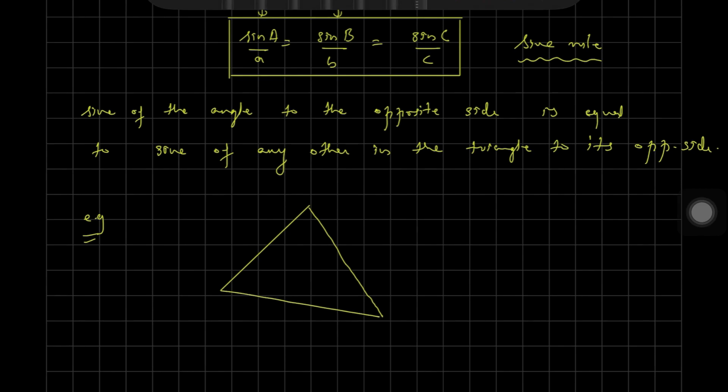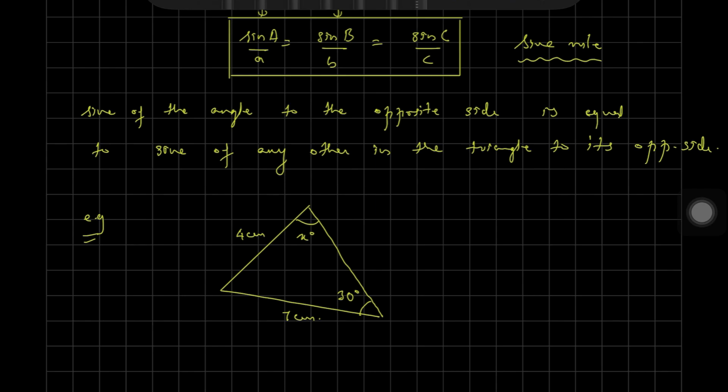Let's say this side is 4 centimeters, this is 7 centimeters, and this angle over here is 30 degrees, opposite to the 4 centimeters. I wish to find the angle opposite to the 7 centimeters. Let's call this angle X.